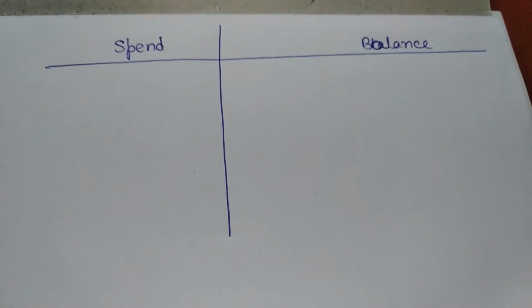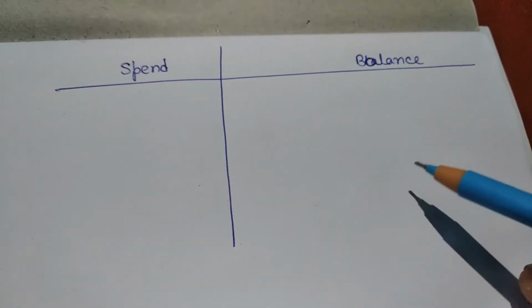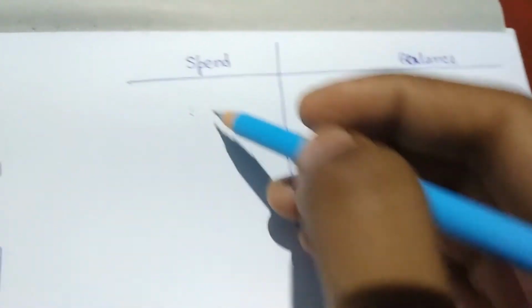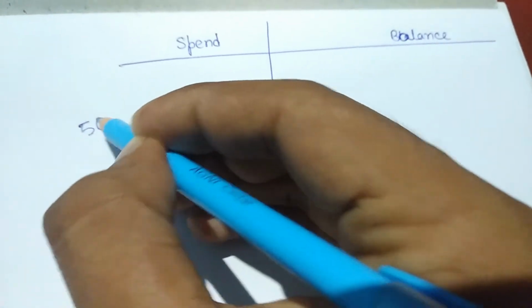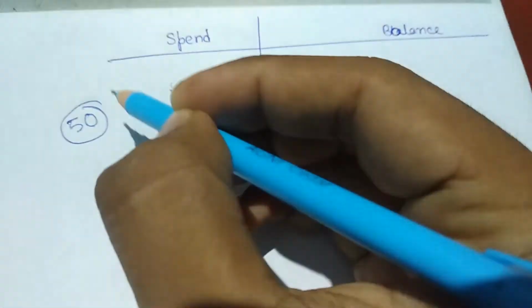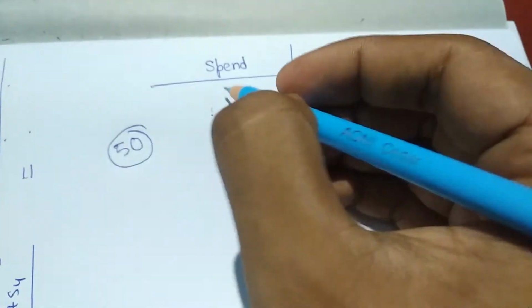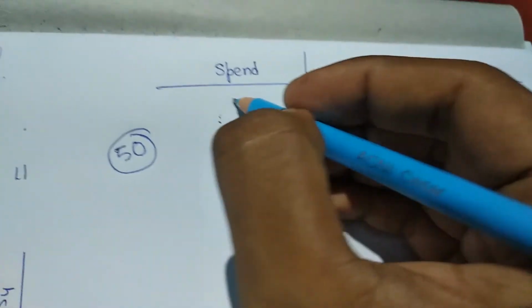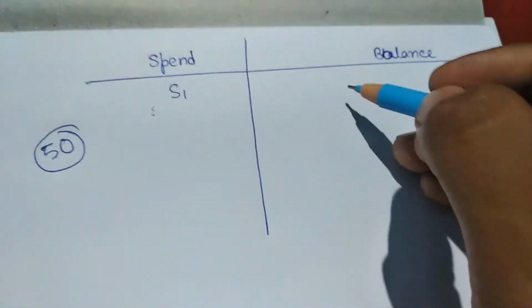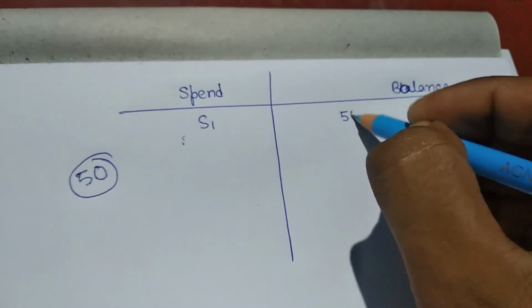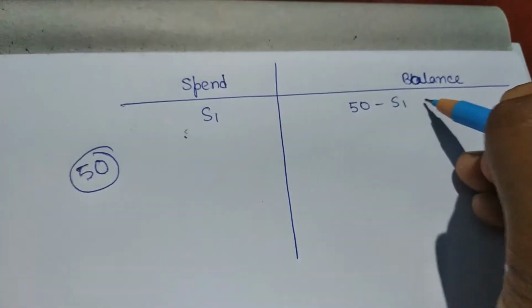So, to explain this problem, I am going to explain it in a different way. I have a total of 50. Now I have spent S1. So from this 50 minus S1 remains.